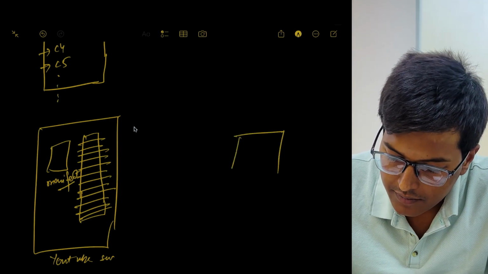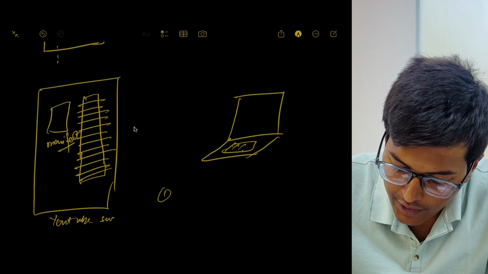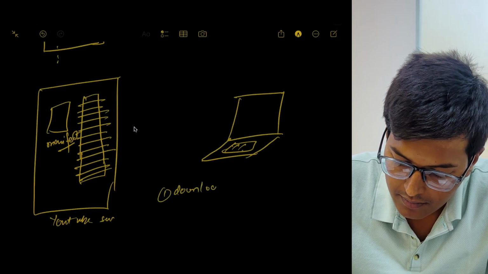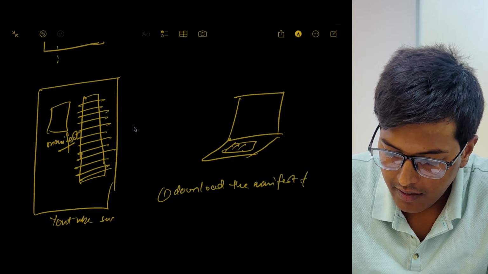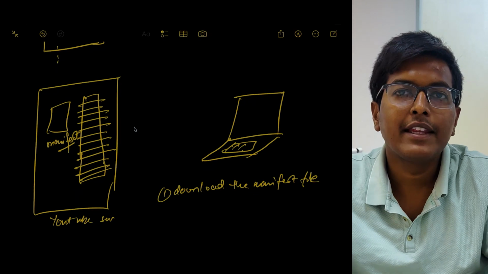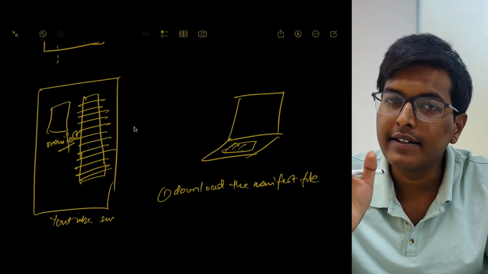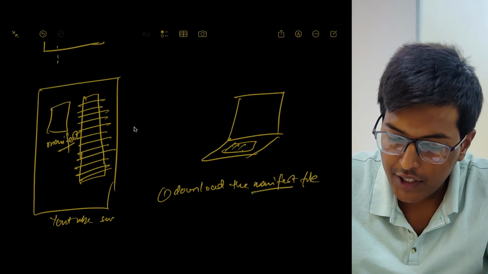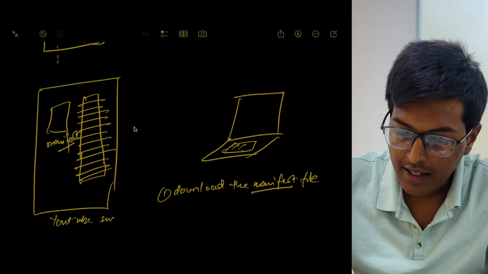Now the first thing the user does is download the manifest file. Even if you open your network tab and play this video again, you will see that the first thing that gets downloaded is a manifest file. This manifest file just contains the order of the chunks that there are.